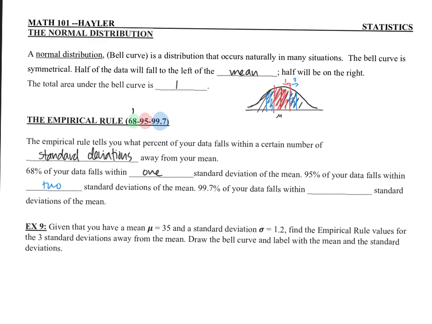And then 99.7% of your data falls within 3 standard deviations of the mean. So let's go ahead and draw the 3. So this was the 99.7, 95, and then 68. Okay, so sort of a basic run over: 68 is 1 standard deviation, 95 is 2, and 99.7 is 3 standard deviations away.